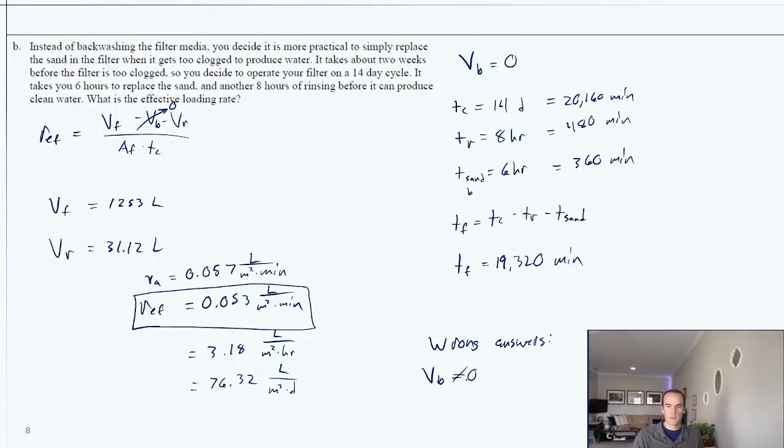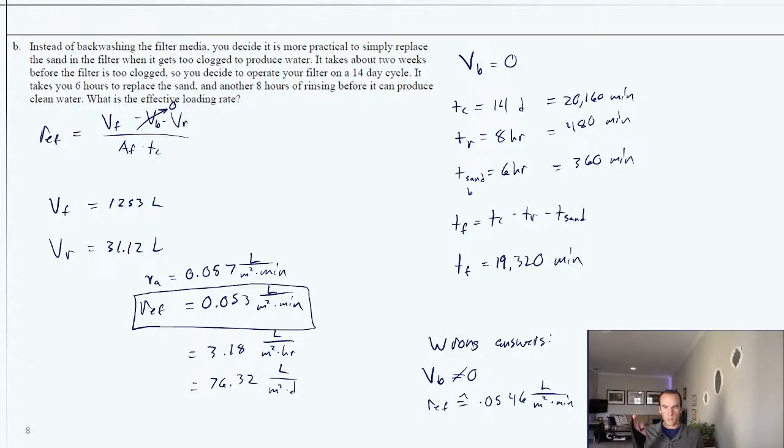And I was checking this because this would give you some values that were like 0.0546 liters per square meter per minute. And you'll notice normally this is close enough that I would give you full credit and not think twice about it. However, you got a very important part of the problem wrong, so I was taking off credit for getting the answer technically wrong, because you used the wrong procedure.